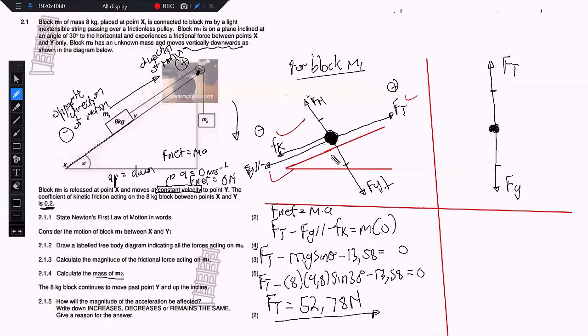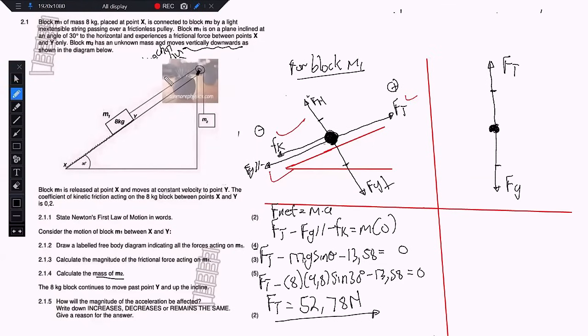Right. Now that you have the tension, why are we even calculating the tension? It's because you need to understand that in a system of blocks, we always have the same acceleration and the same tension. So if the acceleration of block M1 is 0, it follows that the acceleration of block M2 is also 0, because they're moving together as a system.